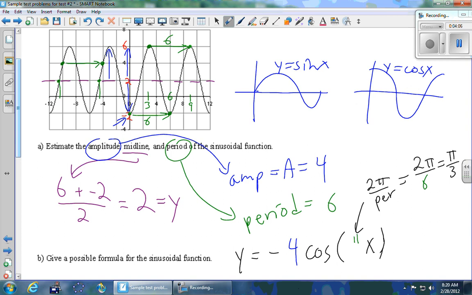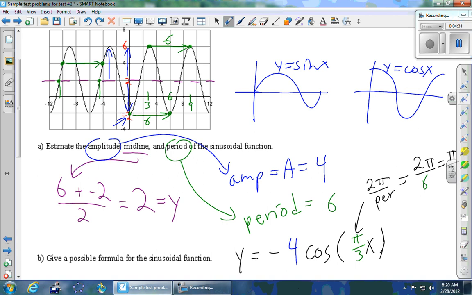So pi over 3 goes right in there. There is some space inside of here for a horizontal shift. If you pick a different function, like a positive cosine or a sine if you want, then you need to do some horizontal shifting. But we have chosen the function negative cosine, so we don't need to do any horizontal shifting.